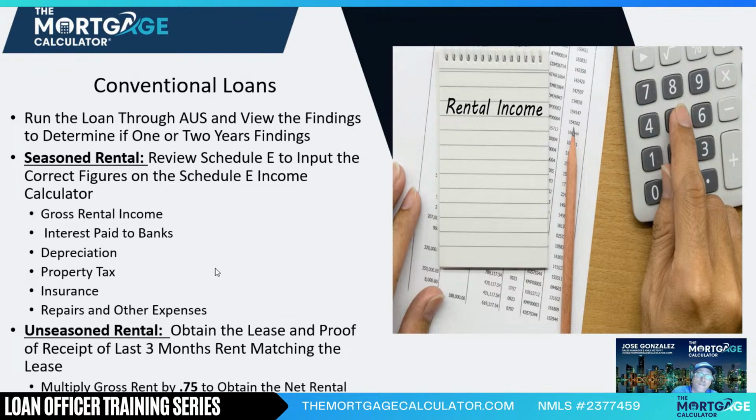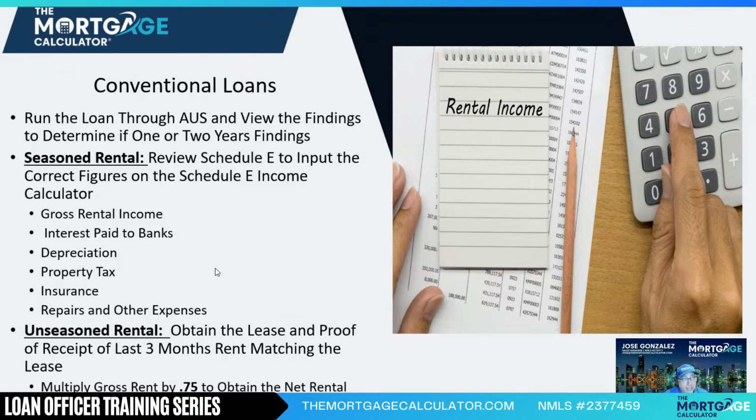It may be $1,580, because you got to look at the actual amount that was claimed as gross rental income for the year, assuming 365 days. And then you're going to divide by 12 to get the gross rental monthly income, and then put that amount in the application.